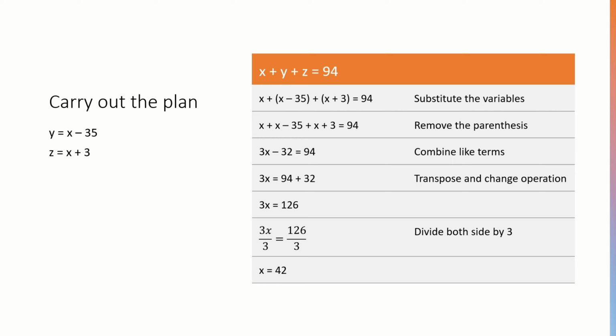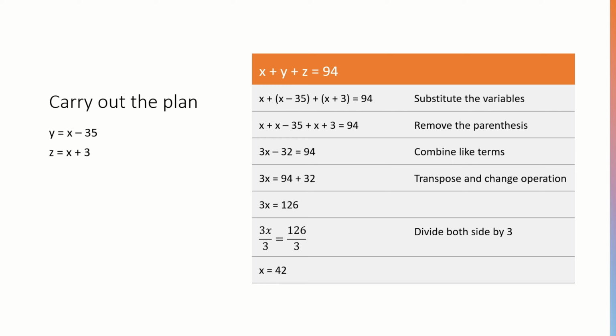So next, we will combine like terms. So we'll have x plus x plus x is 3x, and then negative 35 plus 3 is negative 32. So we'll have 3x minus 32 equals 94.